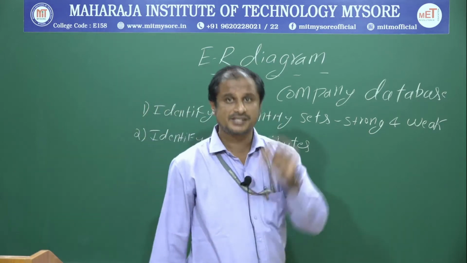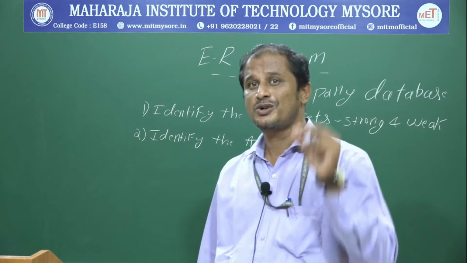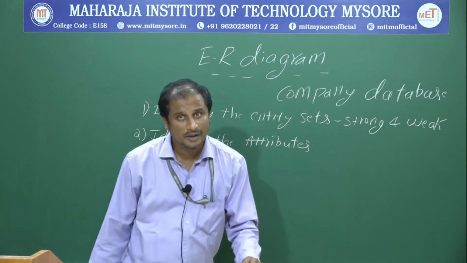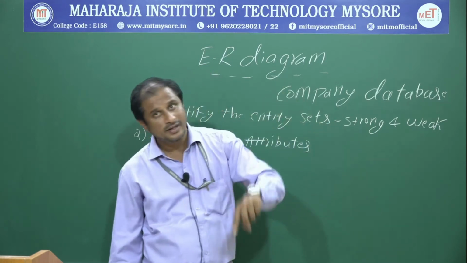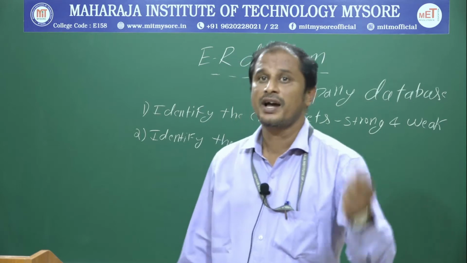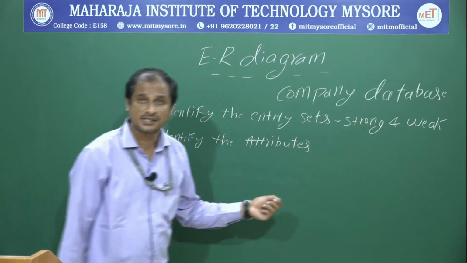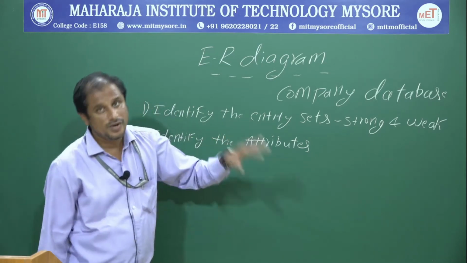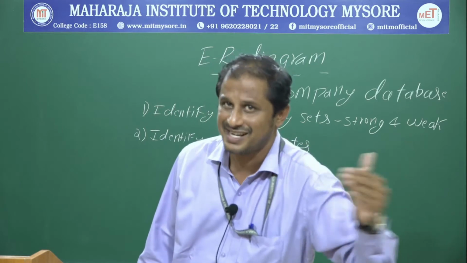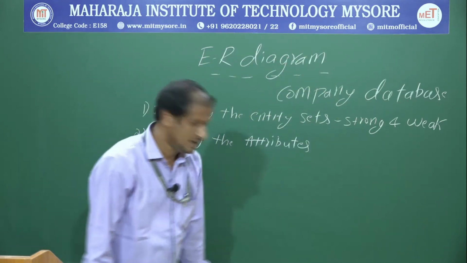For the company database, the strong entities are employee, department, and project, and the weak entity is dependents, which depends on the strong entity employee through the key SSN.